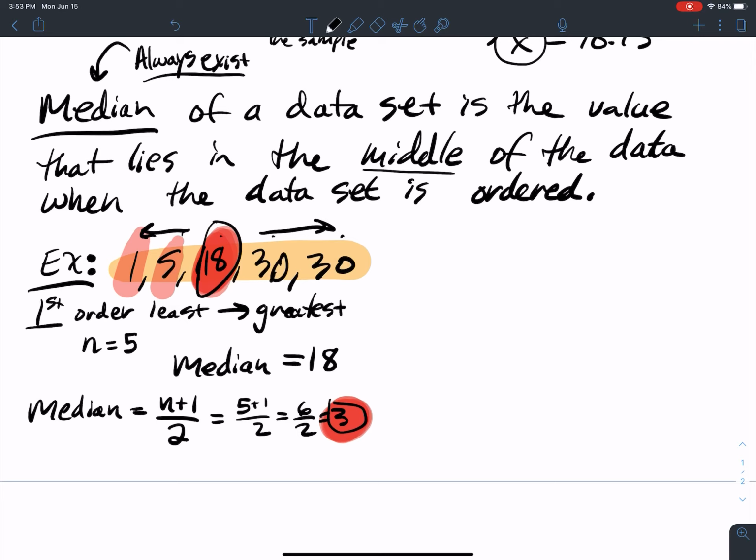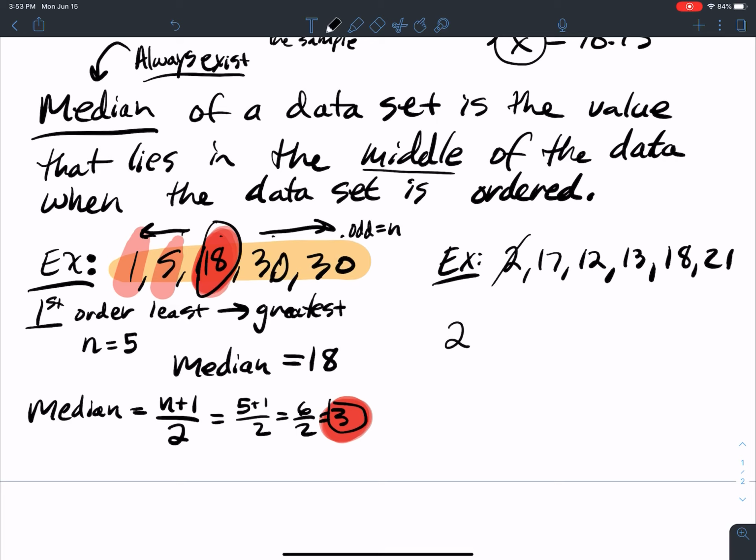All right, let's do another example. So say instead of having some odd n, let's do it where it's like 2, 17, 12, 13, 18, 21. Okay, what's the first step that we do? First thing we do is we order from least to greatest. So the least looks like 2, so I'm going to mark 2 out.